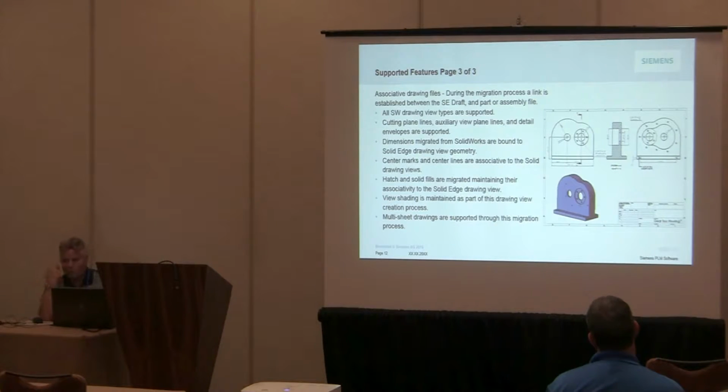So associative drawings, which is brand new in ST9, I told you a little bit about how we have this PLM XML file and how it references XT geometry and how we write that to disk and read that into SolidWorks. And I guess that's a lot to chew on, but it's really a little bit simpler than that. But we do something very similar on the drawing side of things.